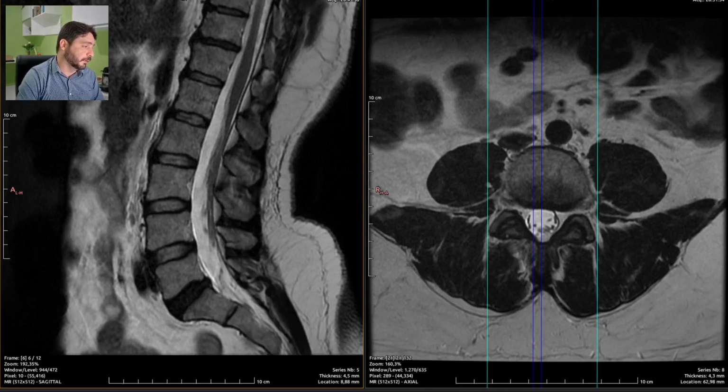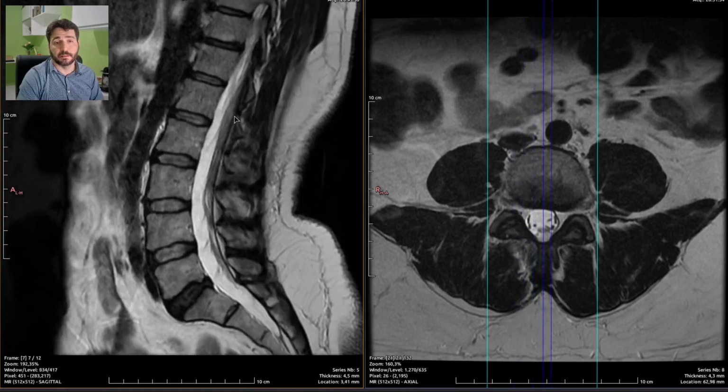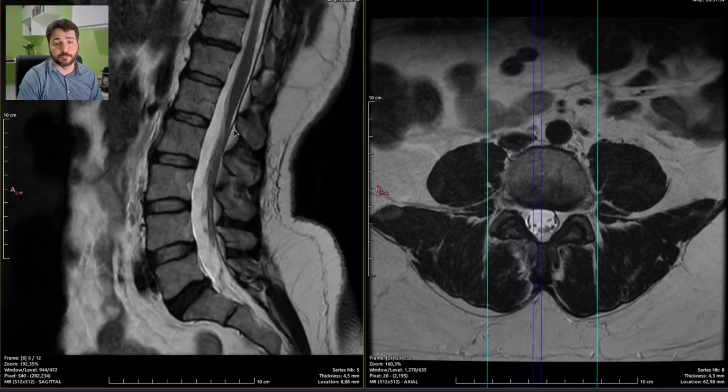And the rest is fine. And the conus medullaris is well positioned. Morphology of nerve roots is fine.